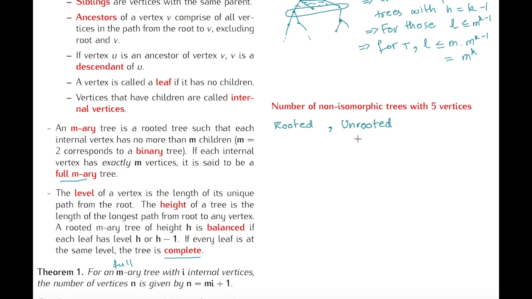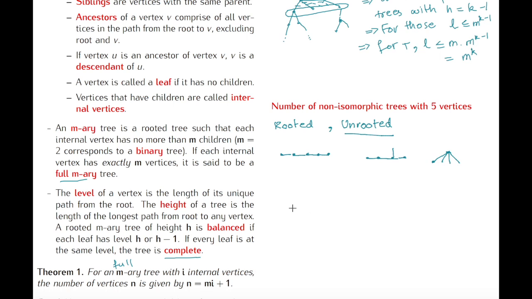Okay, so let's start with unrooted trees now. So for unrooted trees we have, remember, 5 vertices. So we can have this guy, or we can have this guy, or we can have this guy.